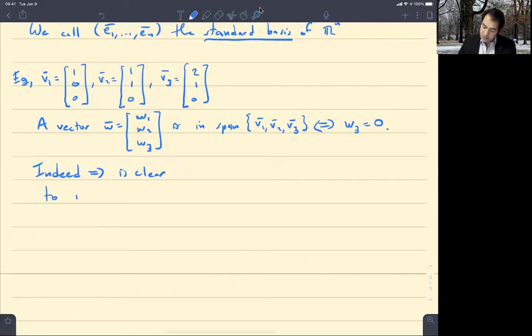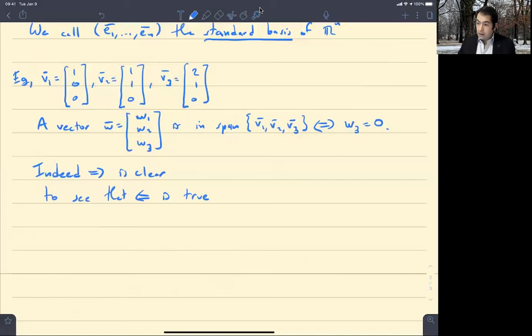To see that the other direction is true, what we have to show is that if the third coordinate is equal to 0, then the vector is in the span. Said differently, the third coordinate is equal to 0 means that I can find constants c1, c2, c3 so that c1 times v1 plus c2 times v2 plus c3 times v3 gives me w.